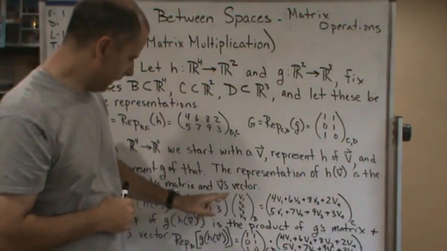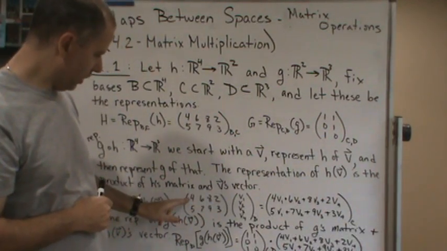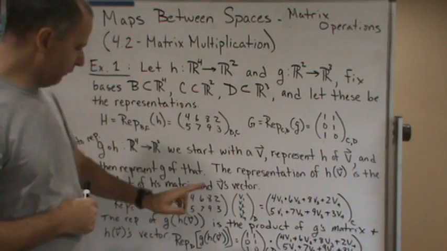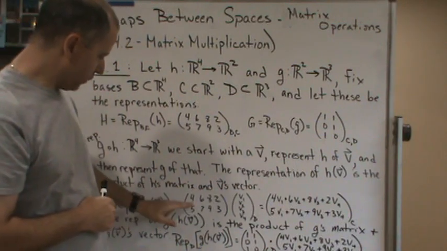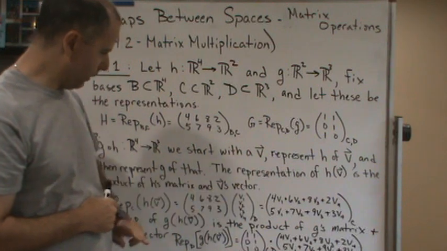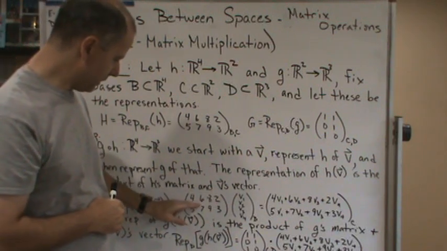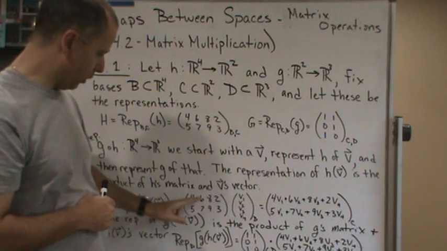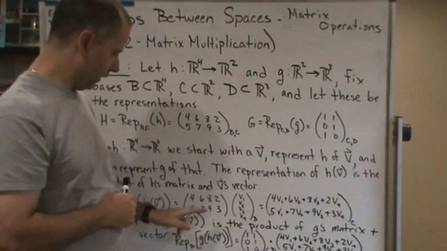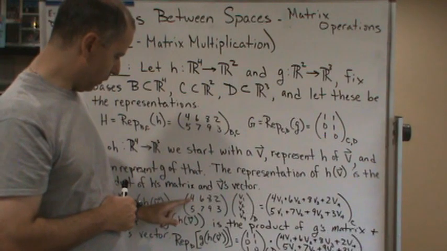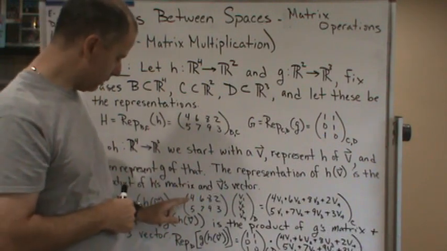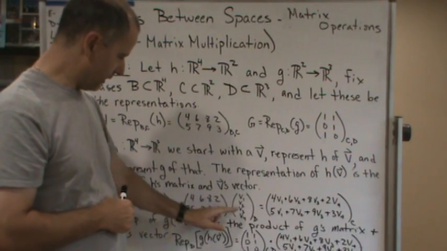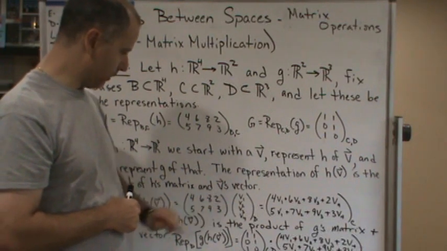Notice that again, we're taking each of these multiplied by each vector component. So 4 times V1 plus 6 times V2. So we're going down this column as we go across this row. And so we're adding those. So adding those products. So 4 times V1 plus 6 times V2 plus 8 times V3 plus 2 times V4.